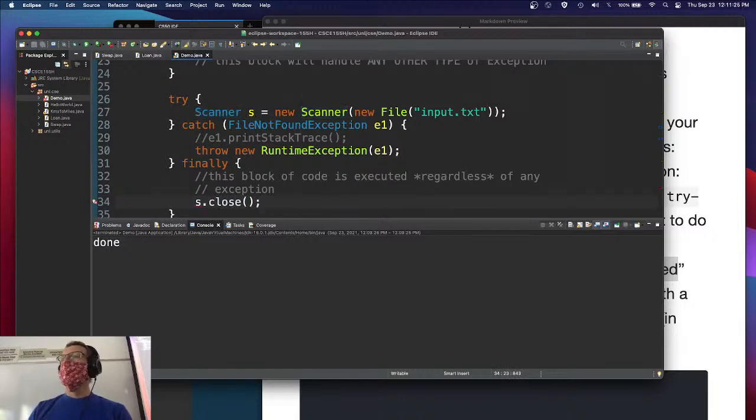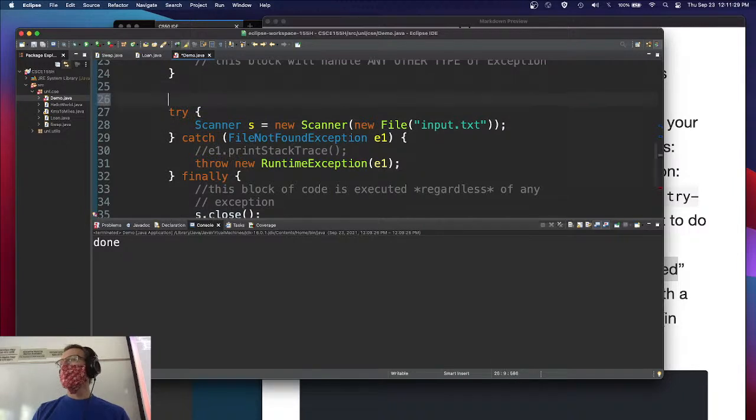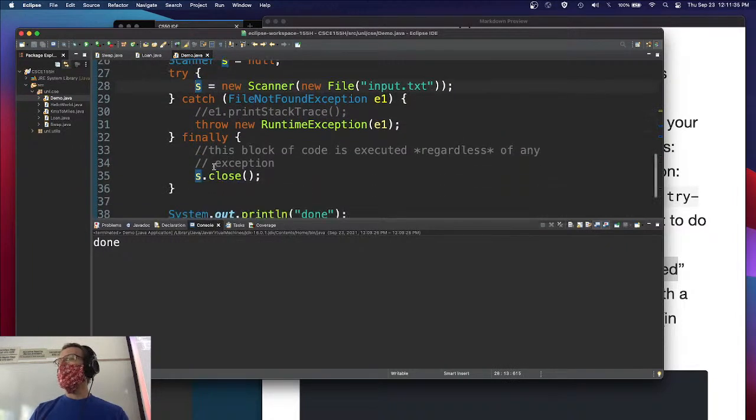Oops. I have to declare it outside here. Scanner s is equal to null, and then s is equal to new scanner, and regardless of what happens, close it. Right?